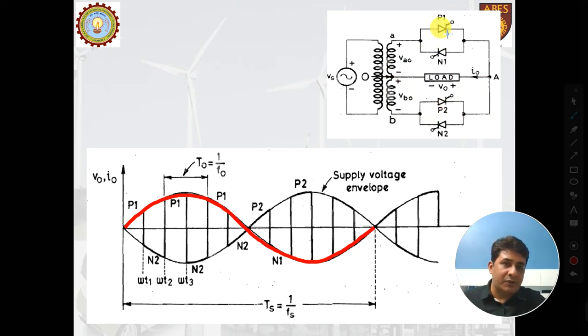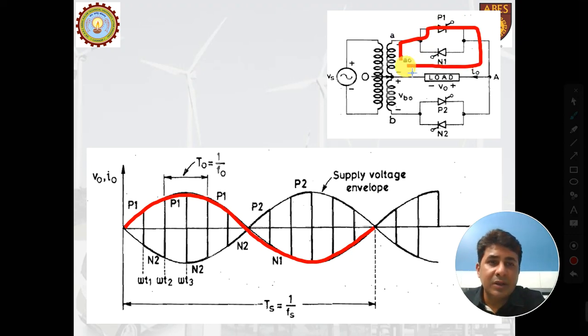However, if P1 is forward biased, let us see what happens if we trigger P1 at any instant. If P1 is triggered at any instant, this will be the flow of current that will happen. Now, if instead of firing P1, we fire N2, what will be the flow of current? The flow of current will be opposite to this case.